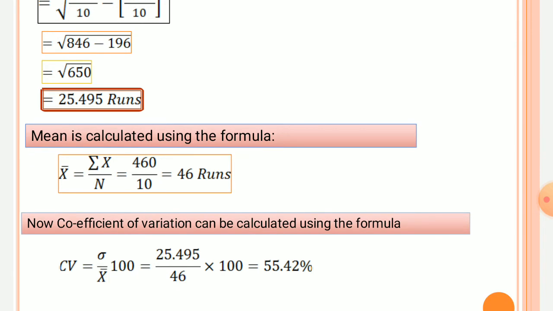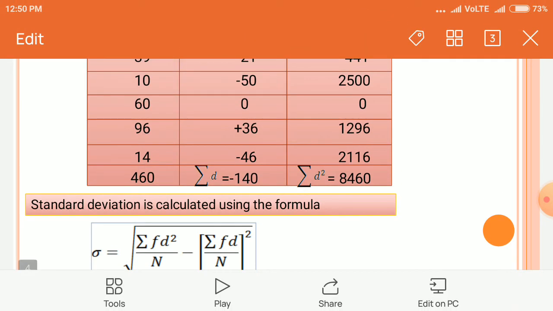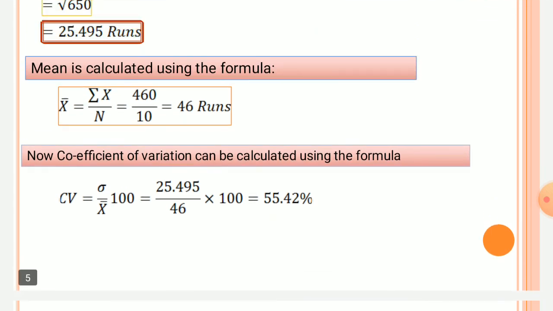Now arithmetic mean can be calculated using this formula. X bar is equal to sigma x by n. Sigma x, the total of x, 460. 460 by 10 is equal to 46 runs.